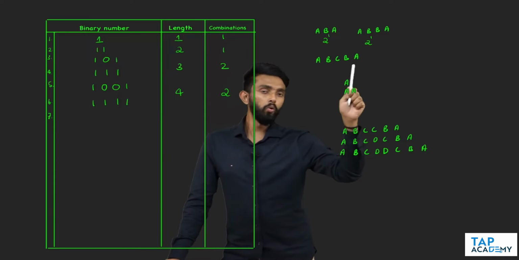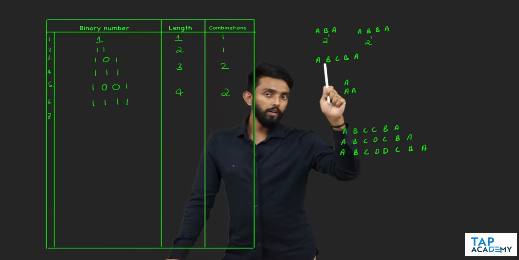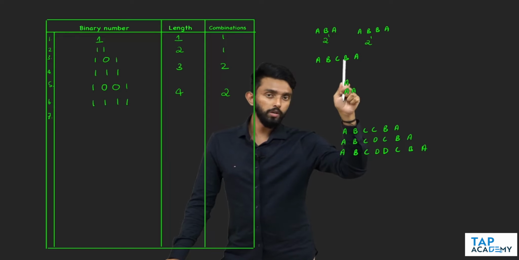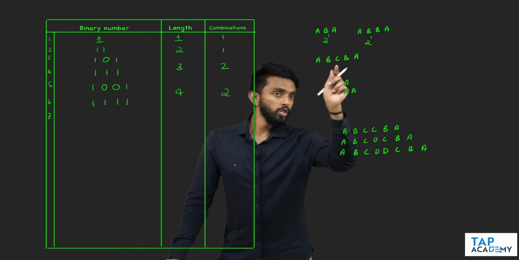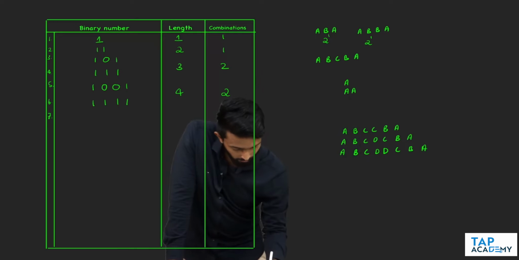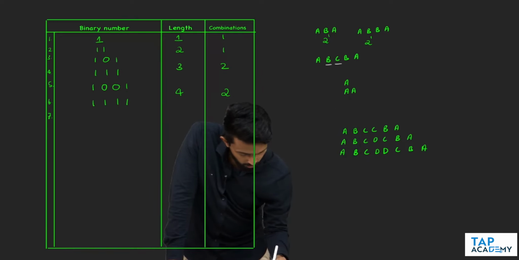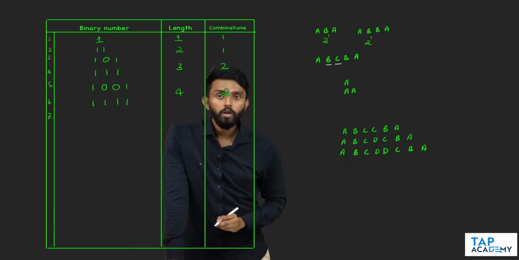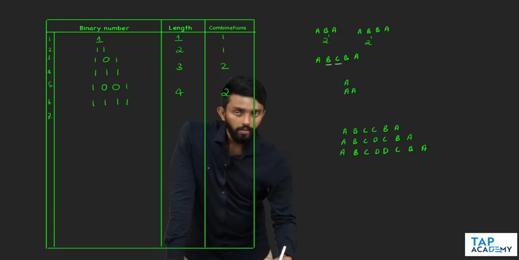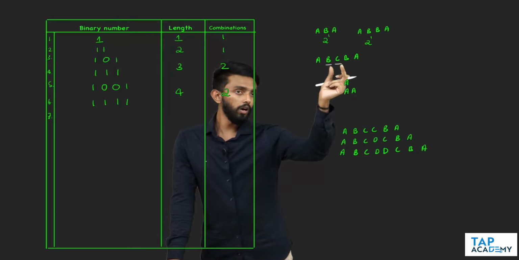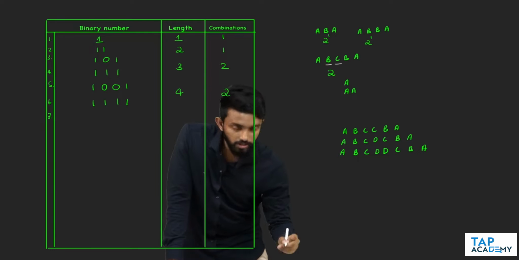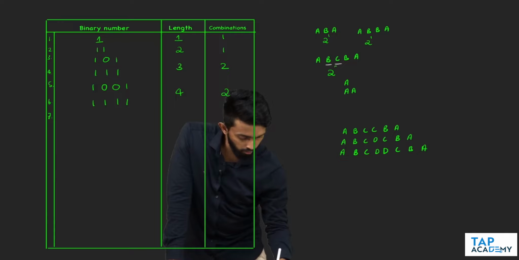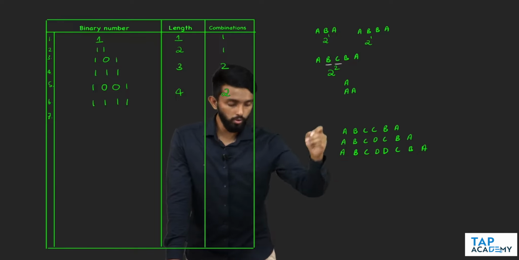A and A are bound. Whatever I write here B, same B will be used here. So you can ignore this B also. This C can change. So how many positions do I have that can change? These 2 positions. Would you agree with me? So in a way I have 2 options and 2 positions. 2 to the power 2 is nothing but 4.